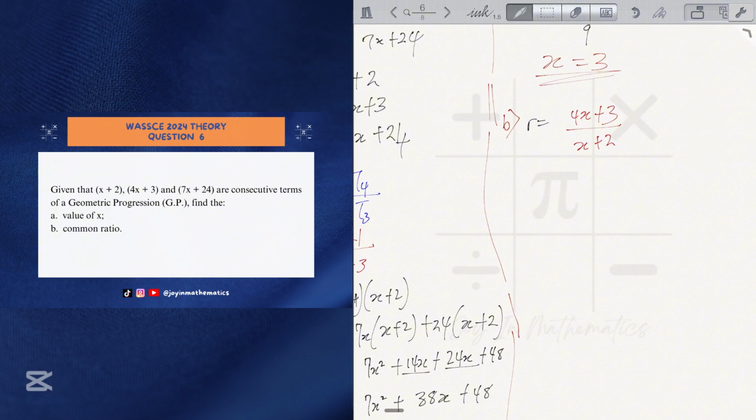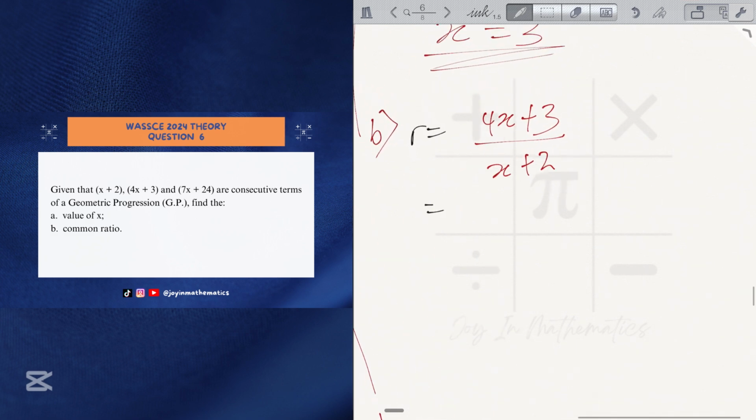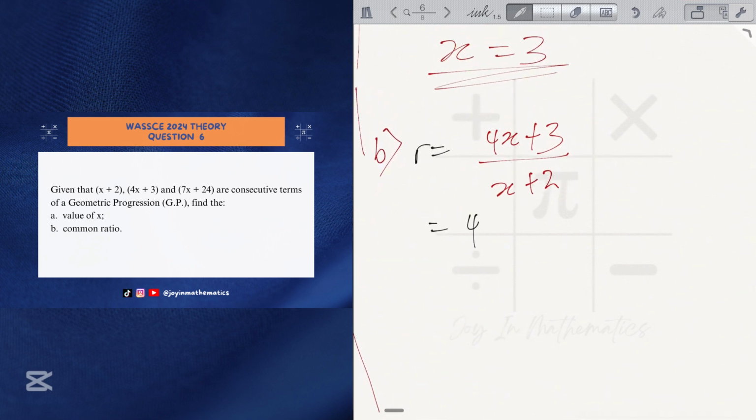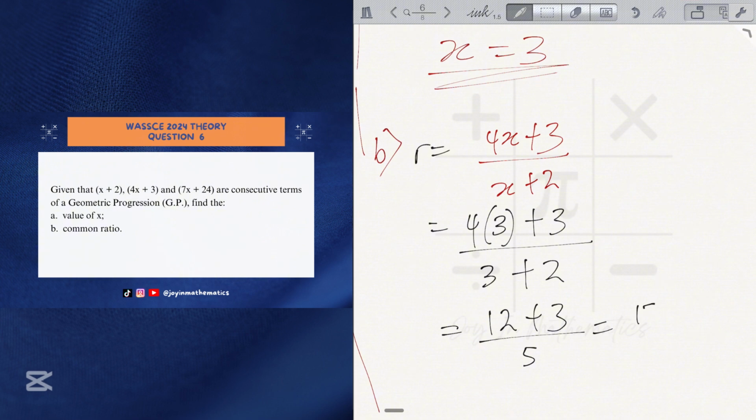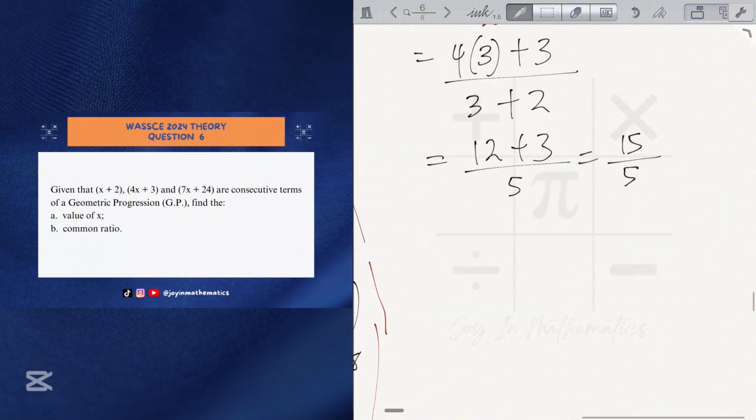And to find this value now, we have to substitute our value of x. X is equals to 3. So 4 into 3 plus 3 divided by 3 plus 2. 4 into 3 is 12. So we have 12 plus 3 divided by 5. 15 divided by 5, and we have the common ratio r to be equals to 3.